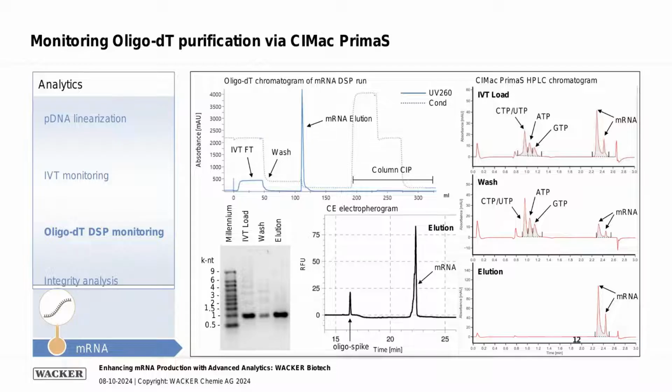For example, for the IBT load, you have your still remaining NTPs and your mRNA from the IBT reaction. Then in the wash fraction, you see how the NTPs are washed away. A little bit of mRNA is lost also, however, not much. And then in your elution fraction, you have your pure mRNA, which is free of any NTP contaminants. We didn't use a capping reagent here, so if you had added it, you would also see it in the chromatogram.